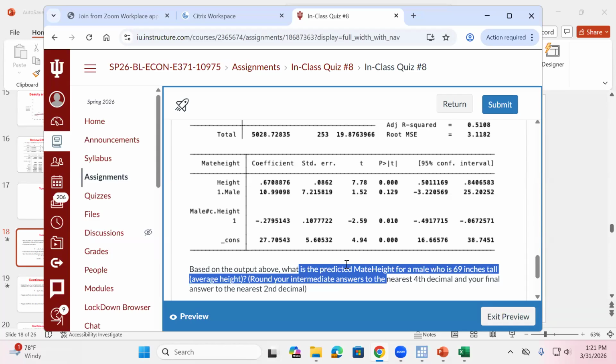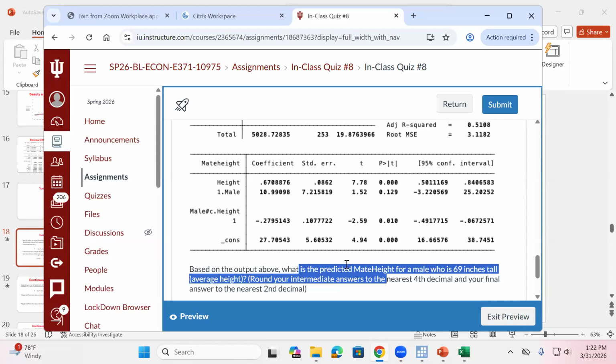So I don't know. Maybe this is interesting. Maybe it's not. I thought this was kind of an interesting example that for males, there's a higher starting point for their mate height. Problem is, when I'm thinking about the actual predicted mate's height, it exists pretty quickly, right? So as males get taller, yes, their mate's height is getting larger, but not as large as if a female is 1 inch taller.